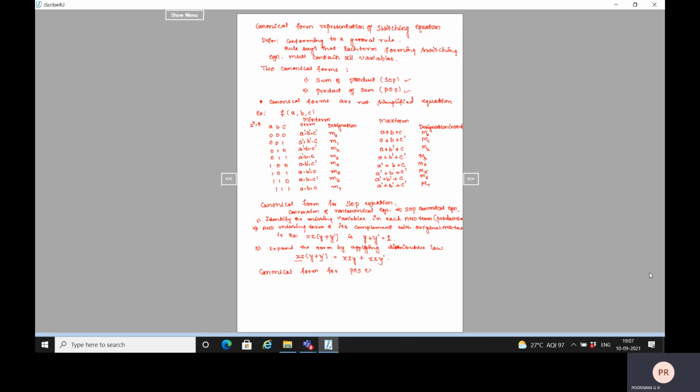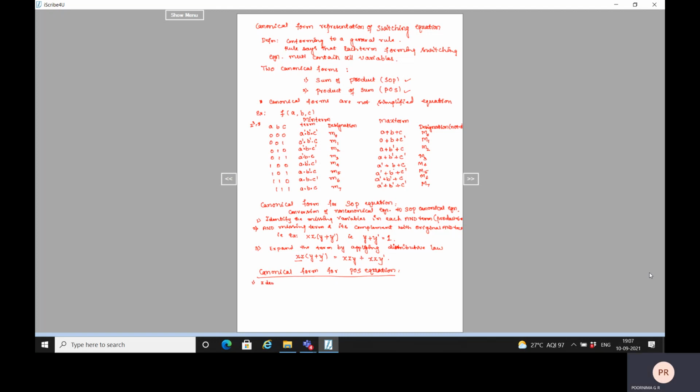Whenever a non-canonical POS expression is given, what are the steps we need to make use of to convert it into a canonical POS equation? The process remains the same but with a slight modification.